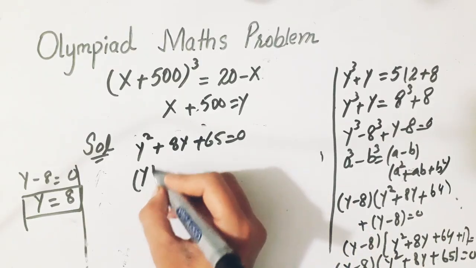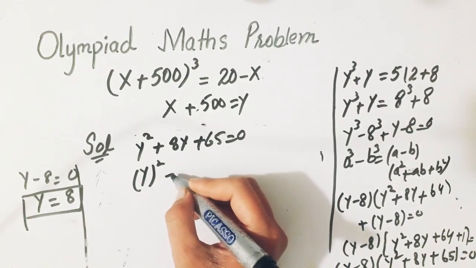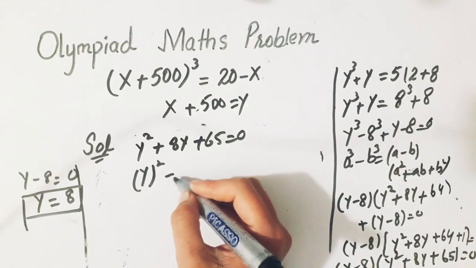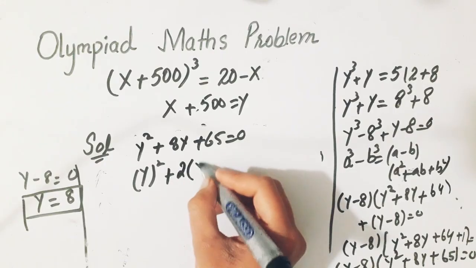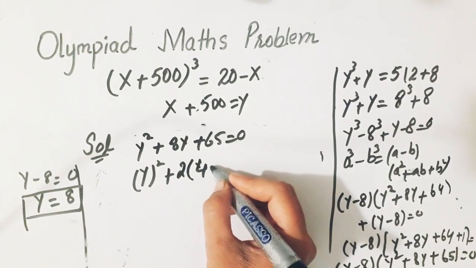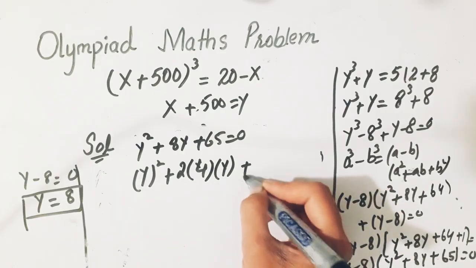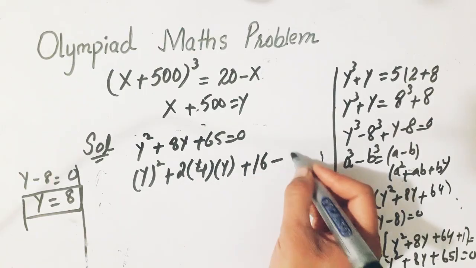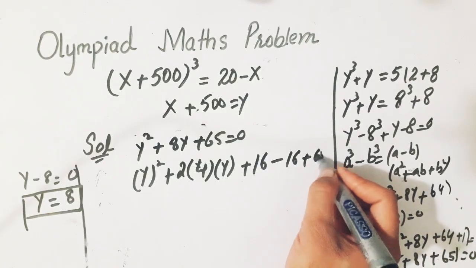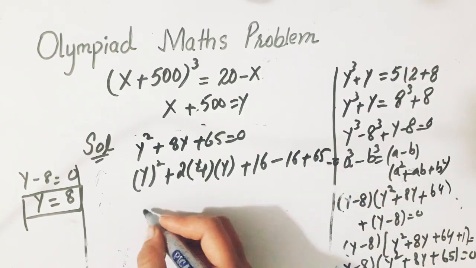This is the square of y. This is the 8y, that can be written as plus 2 into 4y, 2 into 4 and y. That means plus 16 minus 16 plus 65 equals 0.